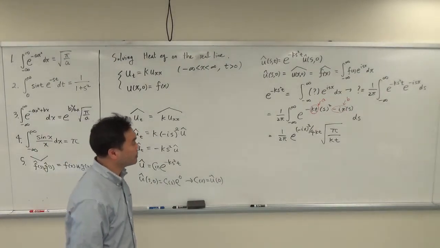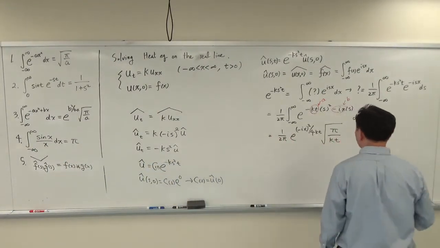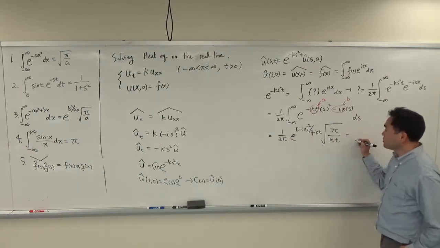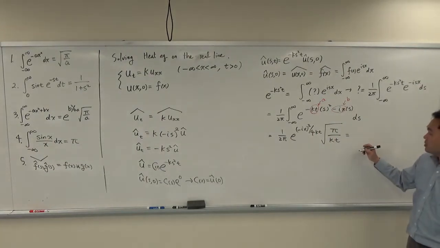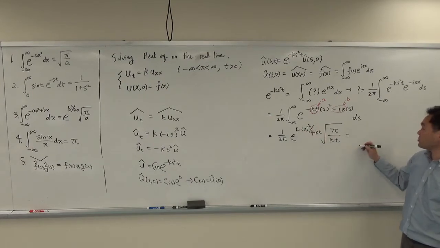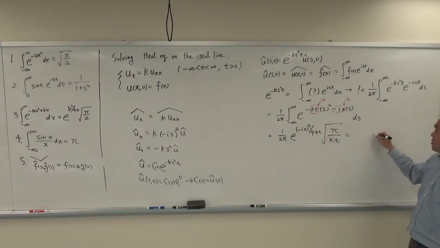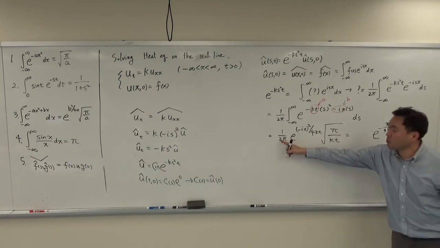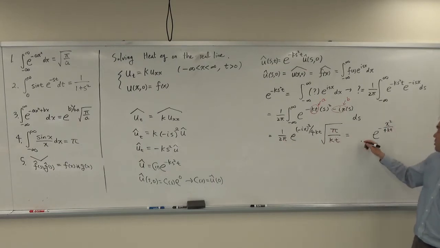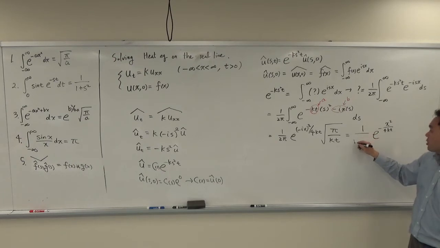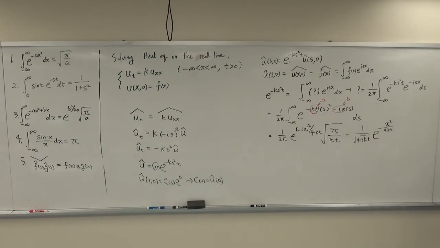And since i squared is negative, it's going to be e to the negative x squared over 4kt. And this is 4 pi squared, and one of the pi will cancel, and you get 1 over the square root of 4 pi kt. That's what you get.